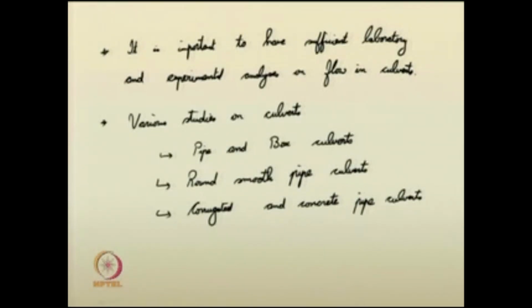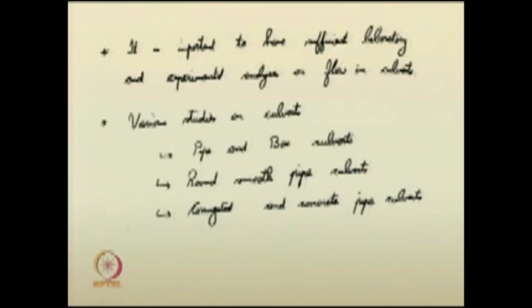There are even reports of steel culverts used in some locations. So, based on your interest, you can go for the higher journal papers and try to investigate the flows in culverts.